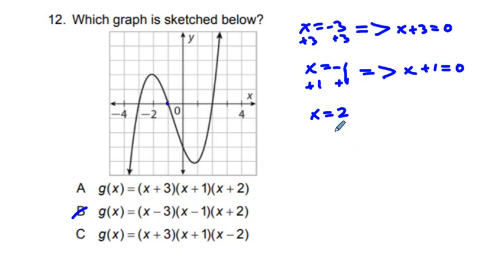Now for x equals 2, if we subtract 2, we have x minus 2 is equal to 0. So which one has x minus 2? It's going to be this one right here. So C is our correct answer. And you can graph that quite easily in a graphing calculator, see that that is indeed the case.